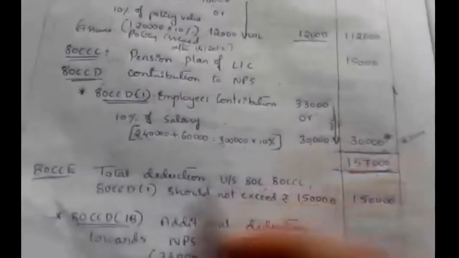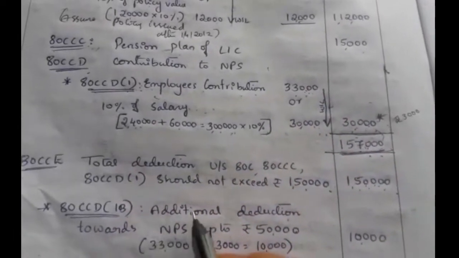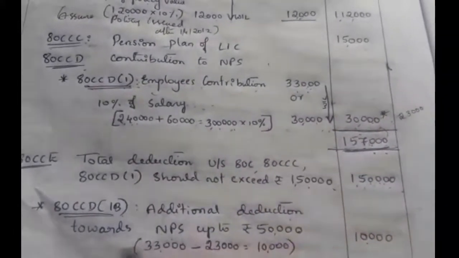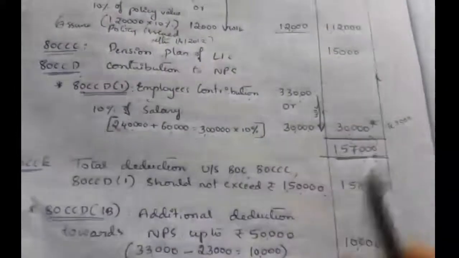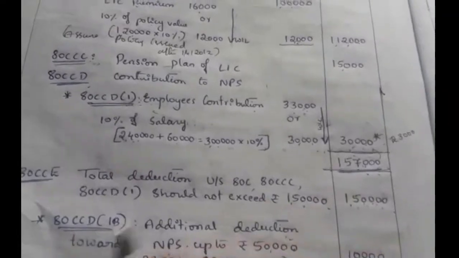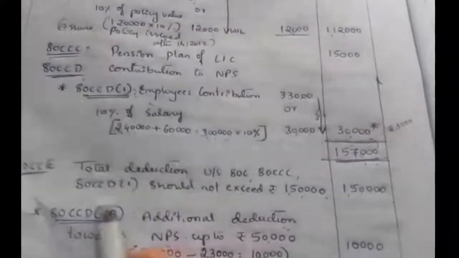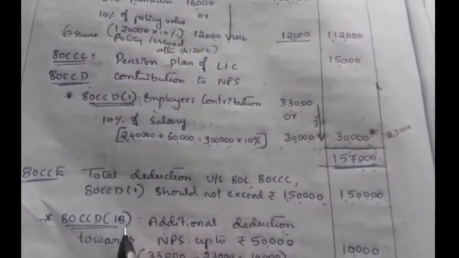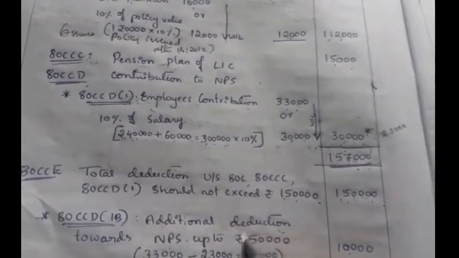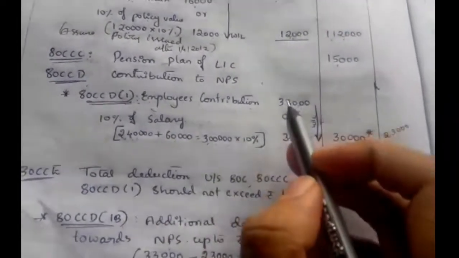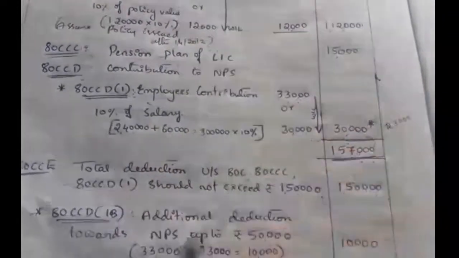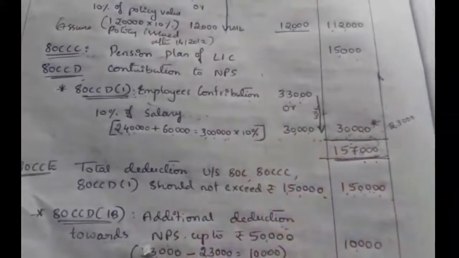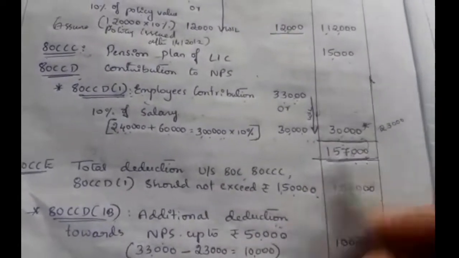Again, under 80CCD 1B he can claim the additional deduction towards the same NPS contribution up to 50,000. He has one more benefit: for the NPS contribution, under 80CCD 1B he can claim up to 50,000. He contributed 33,000, but claimed only 23,000.